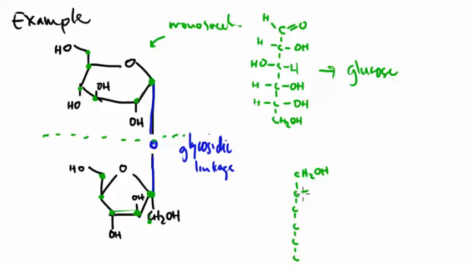Then we get to this carbon. This carbon did have an OH on it, but that O is now involved in the ring. So we've said before, if it has an OH and we know the OH is there, we assume that these are D sugars that we're working with unless we're told something different. So the OH goes right-handed again. And then finally the last carbon is my CH2OH structure.